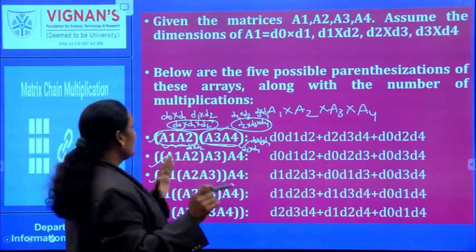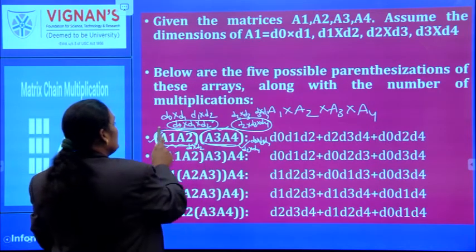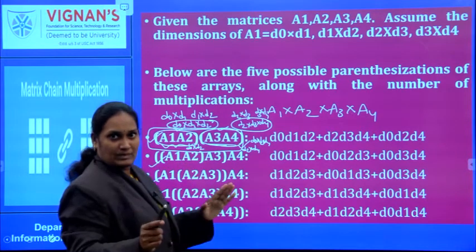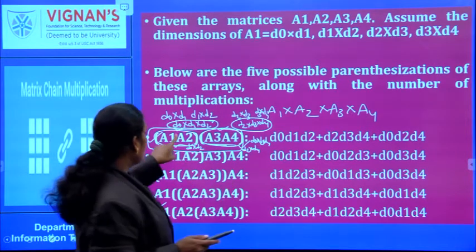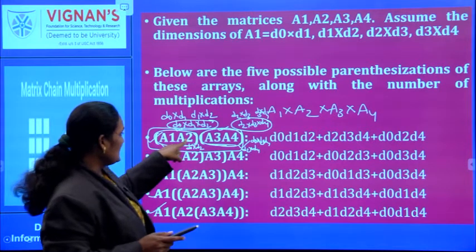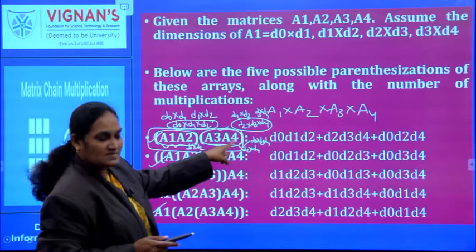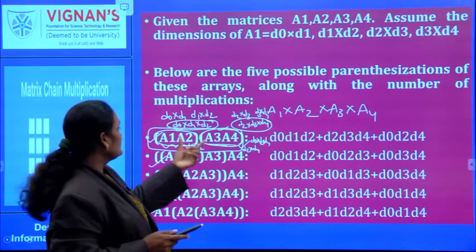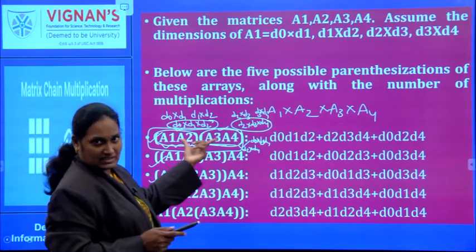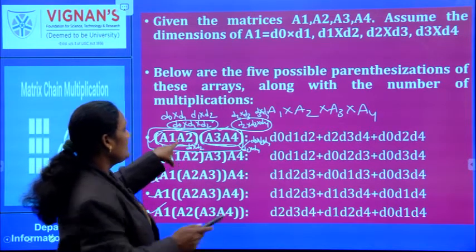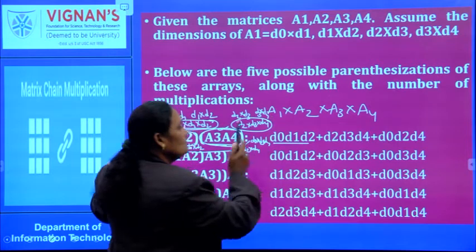So, to complete this entire multiplication, how many multiplications are required? The number required for the first product, plus the number required for the second product, plus the number required for the last one. The first is D0 into D1 into D2.